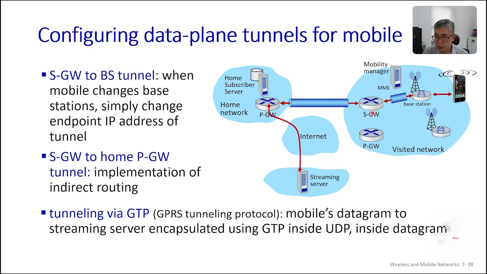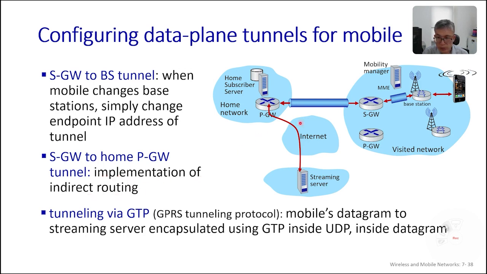So the visited network's S gateway and the home network's P gateway make a GTP tunnel. When the mobile changes base stations, simply change the endpoint IP address of the tunnel. In this case the base station endpoint IP address is changed.